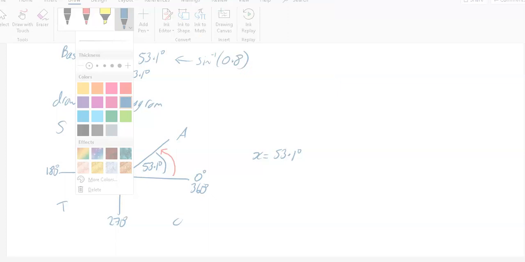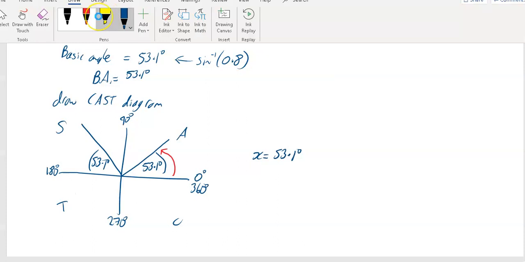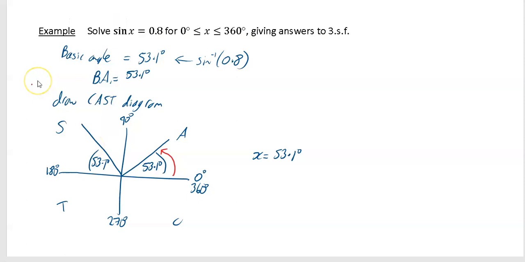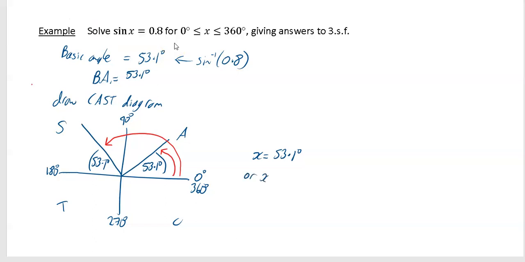My second angle I come to is going to be all the way around to this one. It's not quite 180 degrees. It's 53.1 degrees short of being 180 degrees. So my second angle is x equal to 180 minus 53.1, so x is equal to 126.9 degrees.